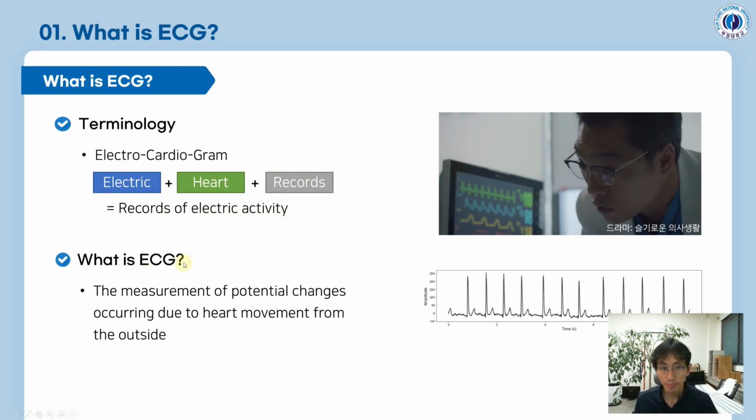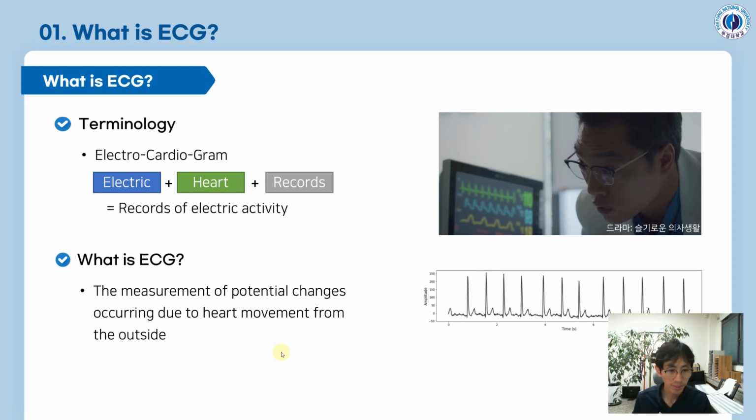Okay, and probably you have seen the ECG signal many times in dramas. When you are watching Netflix or TV series, especially when the program is about a hospital, you can see some patients lying on the bed, and there's a pretty complex system on the patient.